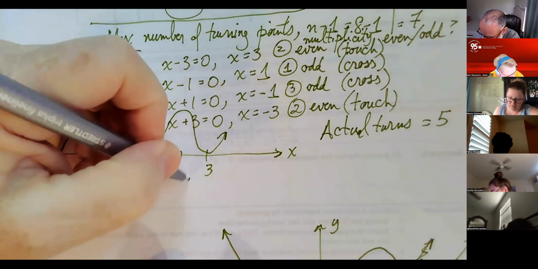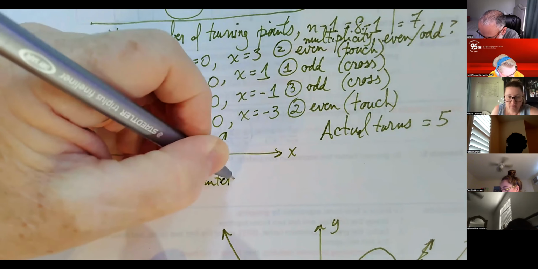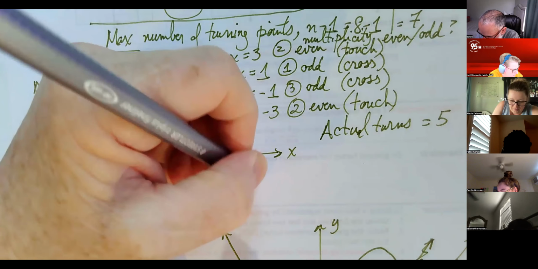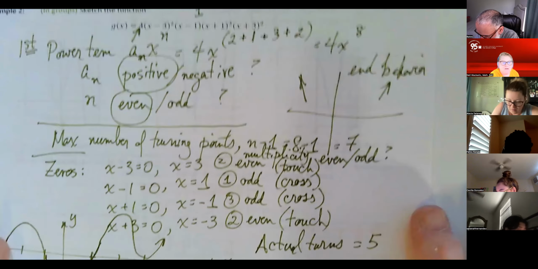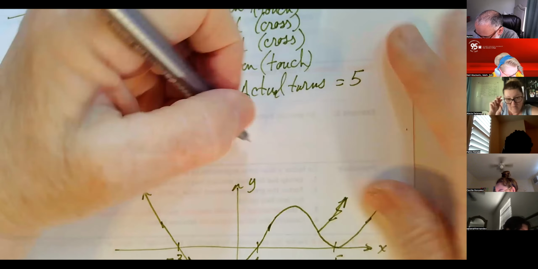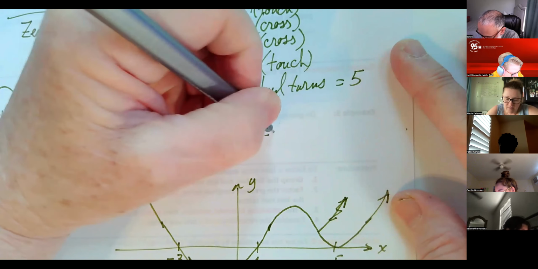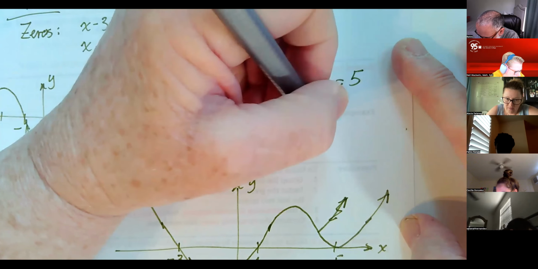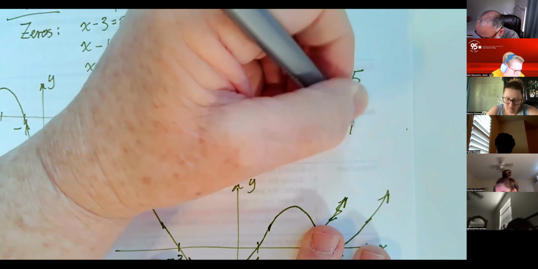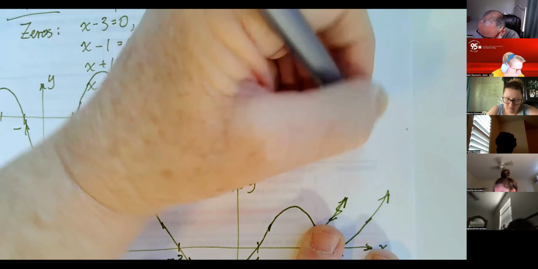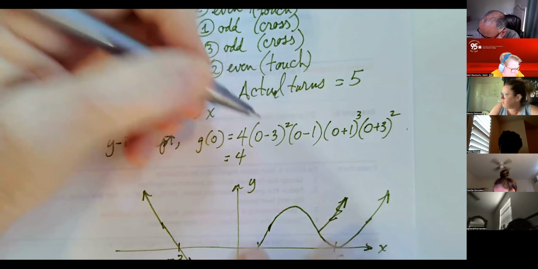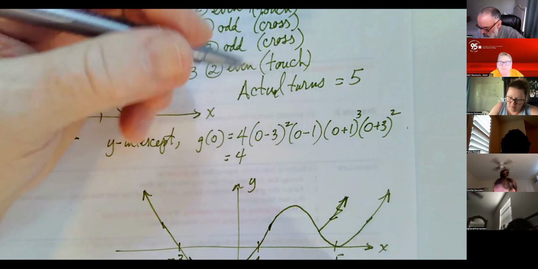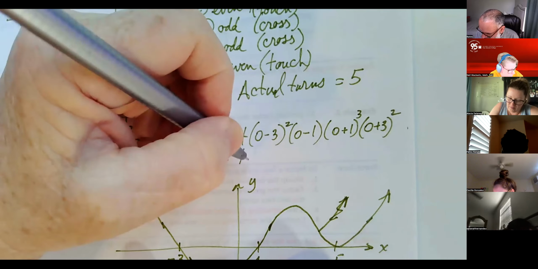Well, to find the y-intercept, we're just going to find g of 0. Let's see. That's 4 times 0 minus 3 squared times 0 minus 1 times 0 plus 1 cubed times 0 plus 3 squared. So we've got, what is negative 3 squared? 9.